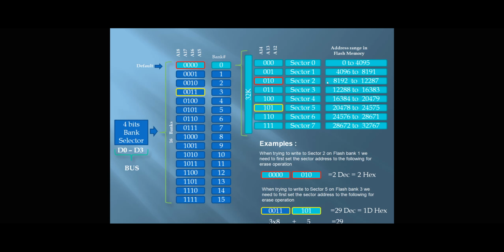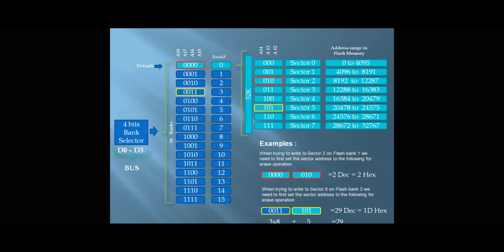We need to find the sector ID or sector number first and pass it into the chip, as you saw from the documentation, through some cycles, so that we point to the specific sector that needs to be erased, and then the flash memory is going to erase it and make it ready for the write operation. So our target here is to find the sector ID or sector number.